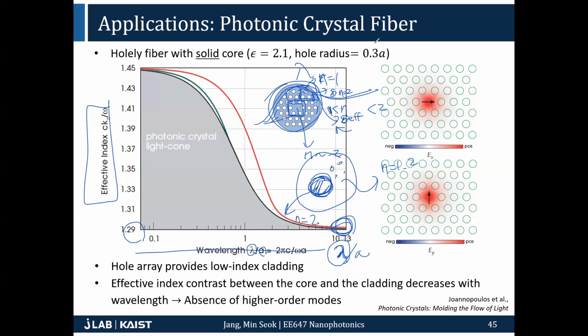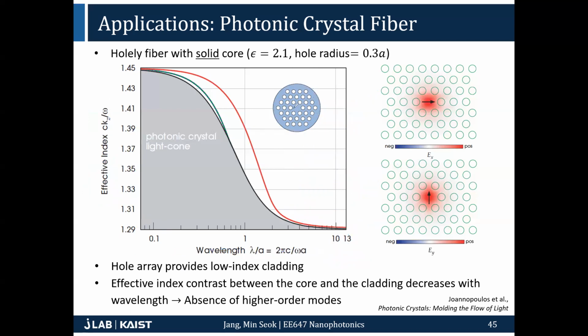And if lambda is much smaller than a, then you can support a mode whose electric field intensity is highly concentrated at the core, so that your effective index can be large. And also you can have multiple modes.